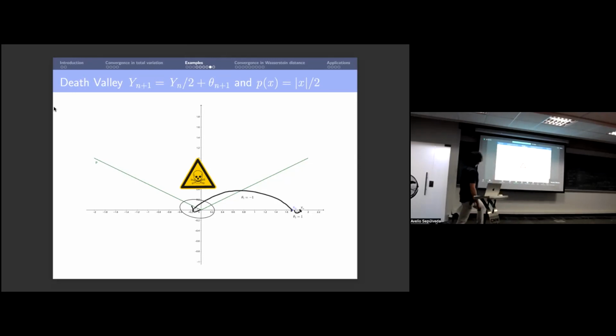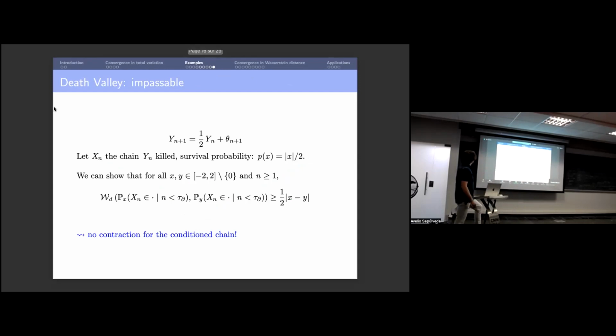So there's a so-called death valley at 0, and it's very difficult for the process to cross it. This has a strong influence on the conditional distributions, because with this specific probability of survival, P of x, you can make explicit computations and see that the Wasserstein distance between the conditional distributions started from x and y is always lower bounded by 1/2 times the distance between x and y.